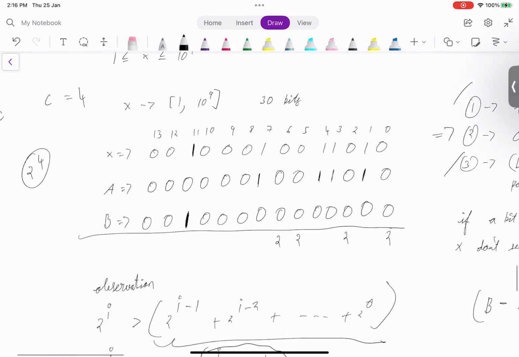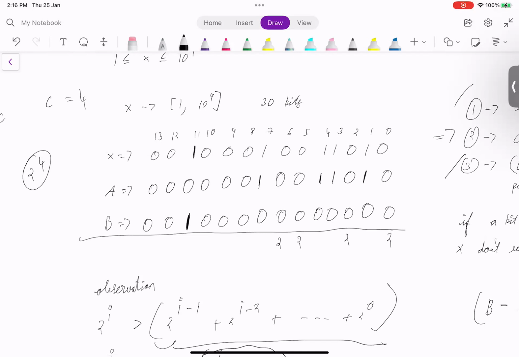So this way, we can calculate the number of pairs A comma B that are possible.